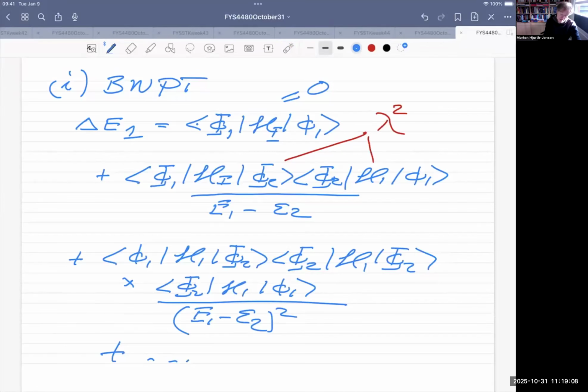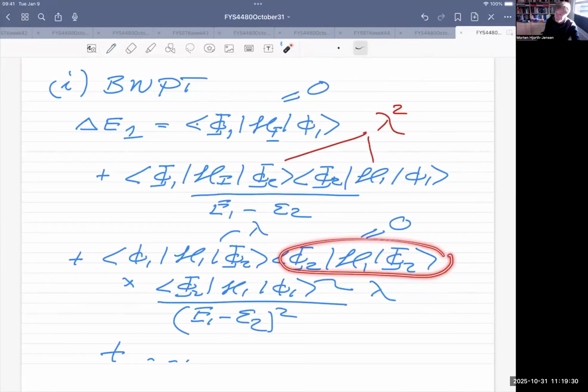Then you see now that this intermediate term, the one in the middle, is always going to be equal to 0. This term is going to carry a factor lambda. This term will also carry a factor lambda. But when I now go to higher and higher order terms, what I will get is actually similar terms. If I go to 4th order, this term will appear squared.